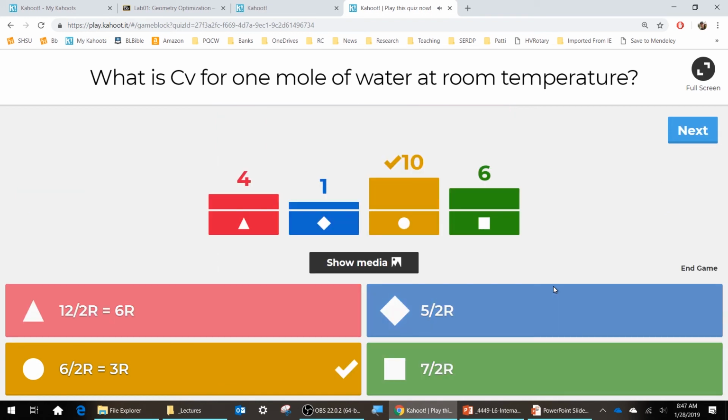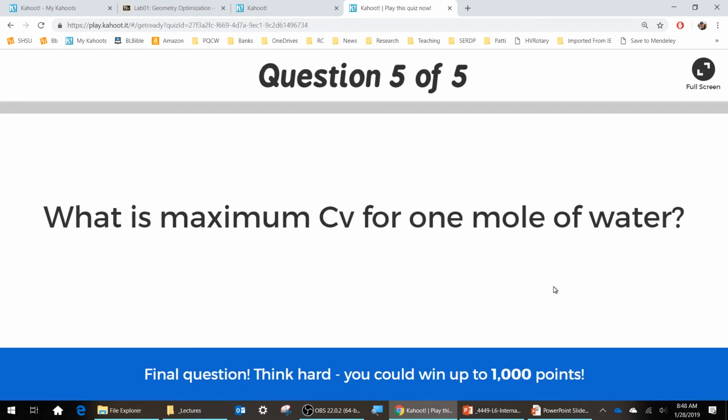Okay, pretty good. The 7 halves isn't right because it's not linear. It's going to be a nonlinear molecule, and so then we have translation and rotation only.